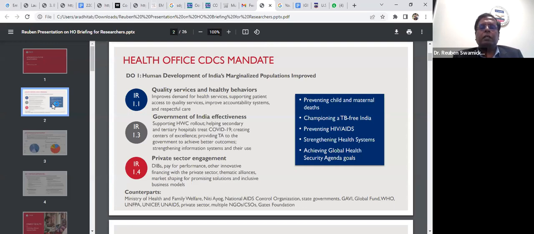USAID is the lead agency for the United States government to work in the development space. The full form of USAID is the United States Agency for International Development. That's really what we do: support governments and accelerate their efforts to address key and important areas that will help move the needle as far as their development plans are concerned.